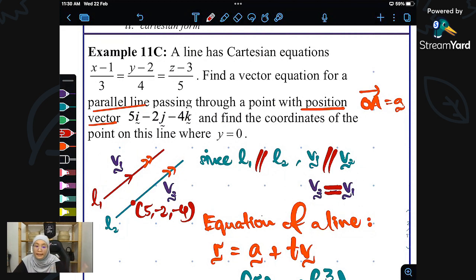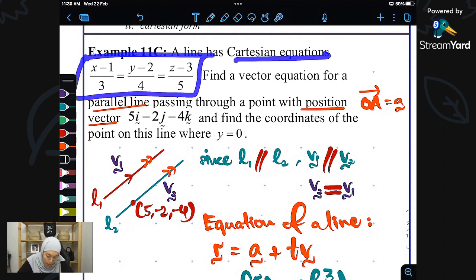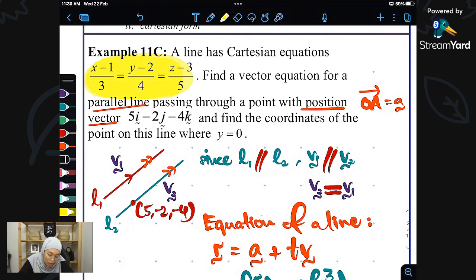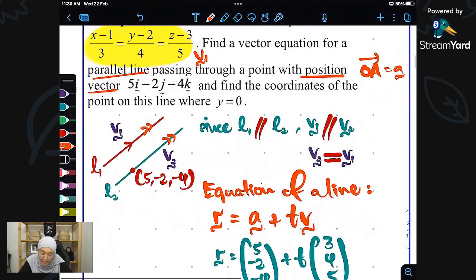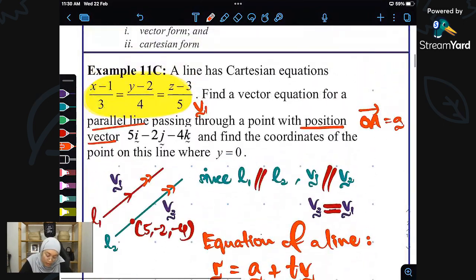So V is settled. V tu dah memang ada. Ada daripada mana? Ada daripada Cartesian equation. So this Cartesian equation give us a vector. So our vector 1 is very, very clear already. Let me write here.